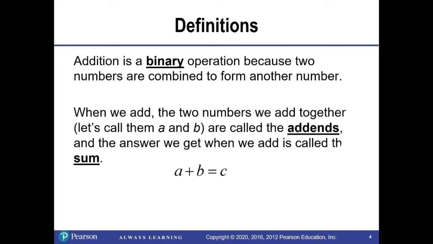When we add 2 numbers together, we'll call these 2 numbers, say, A and B. These are called our add-ins. And the answer that we get when we add is called our sum. So in our example, A and B are our add-ins, and C is our sum.